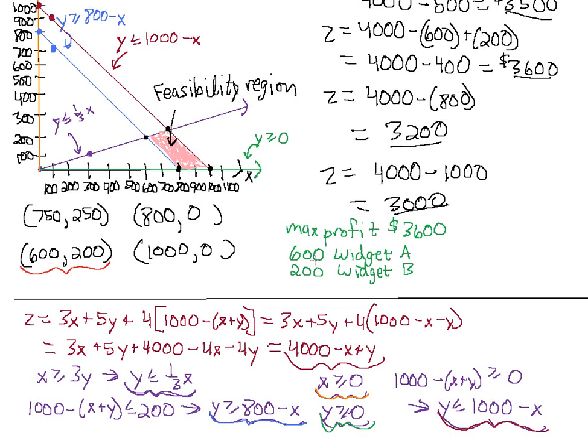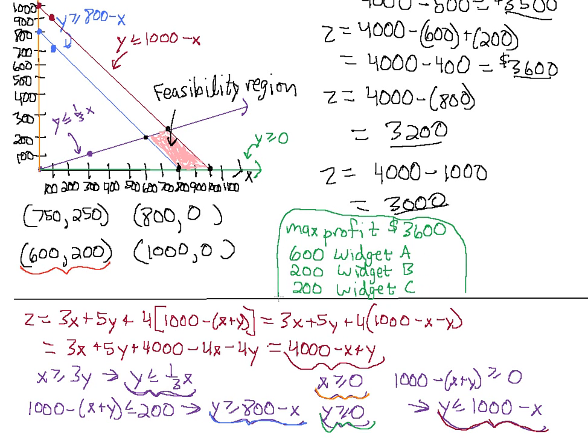So if we plug those two in, or just say that we have 1,000 total widgets produced, and widget A and B consist of 800 of them, we can say that we're going to produce 200 of widget C, because we produce a total of 1,000 between these 3 widgets.